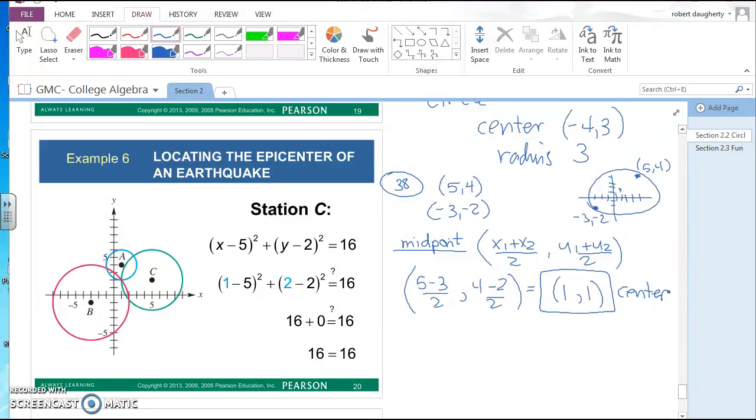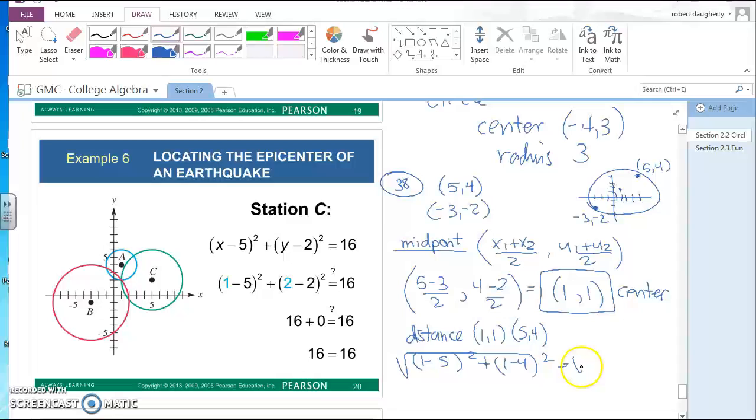I just need to find the distance to one of the endpoints of the circle. So let's just find the distance. If I can find the distance from 1, 1 to 5, 4, that will be my radius. So that distance is going to be the square root of 1 minus 5 squared plus 1 minus 4 squared, the square root of all of that.